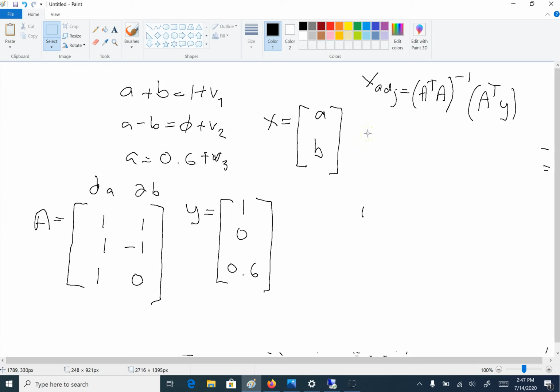So A transpose times A is going to be a square matrix, 3, 0, 0, 2.